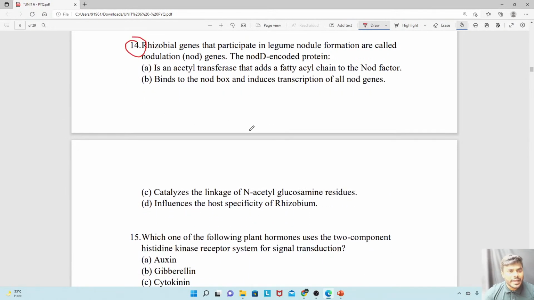Question number 14. The 13th question was not completely typed, it's a wrong question. Question number 14. People are leaving. Come on friends, be patient.